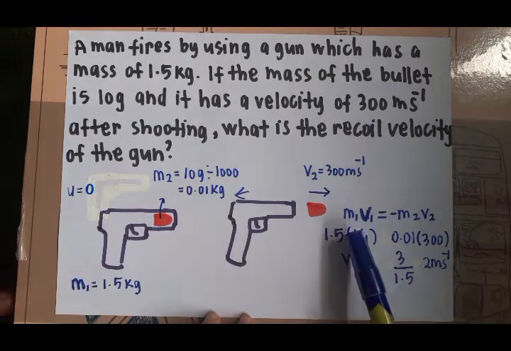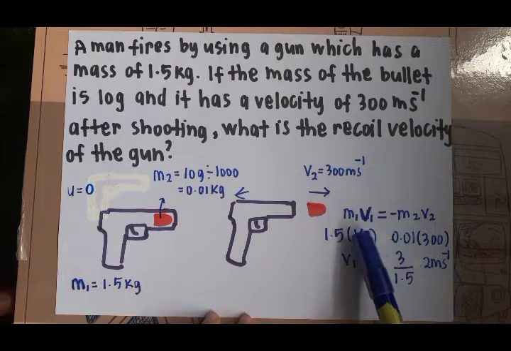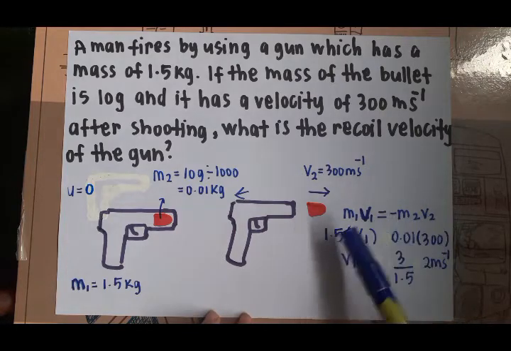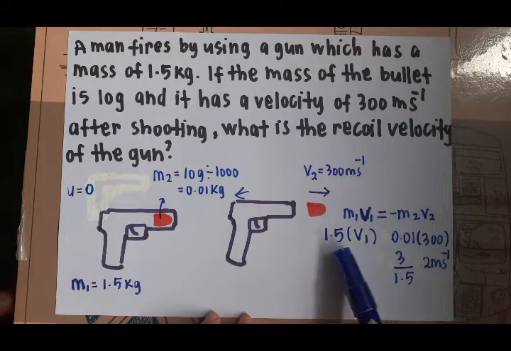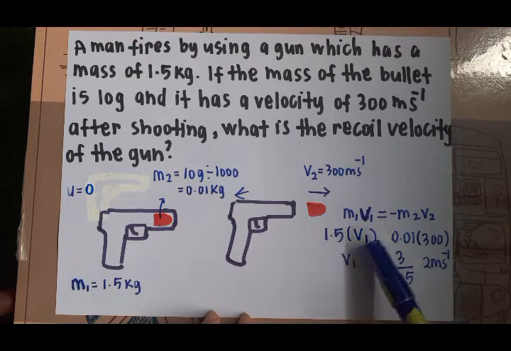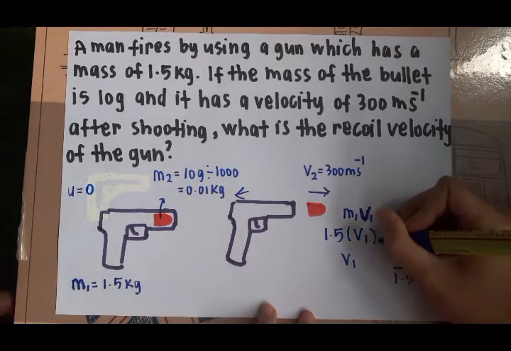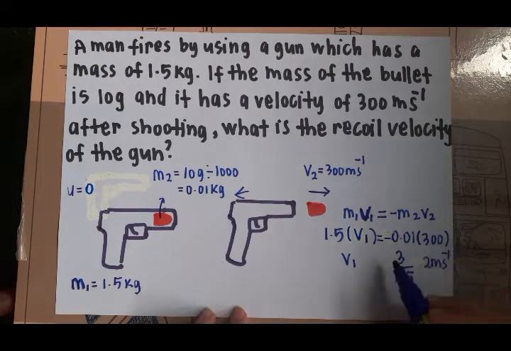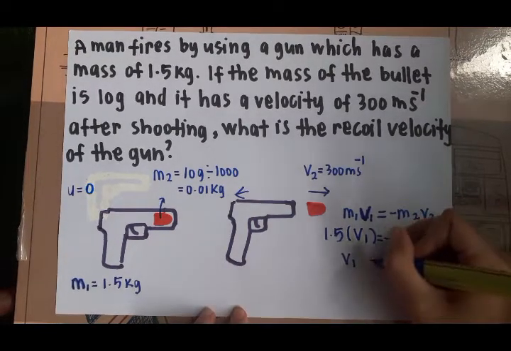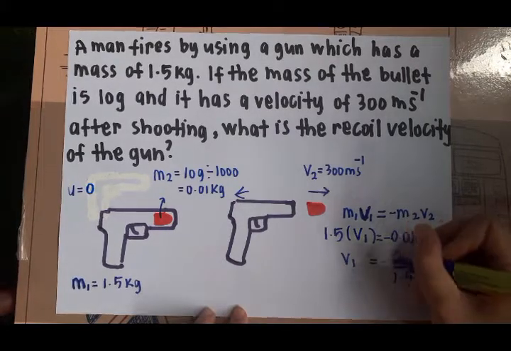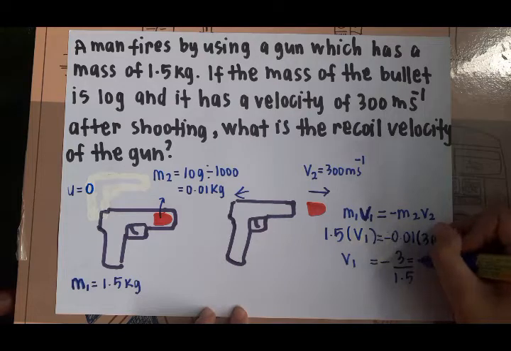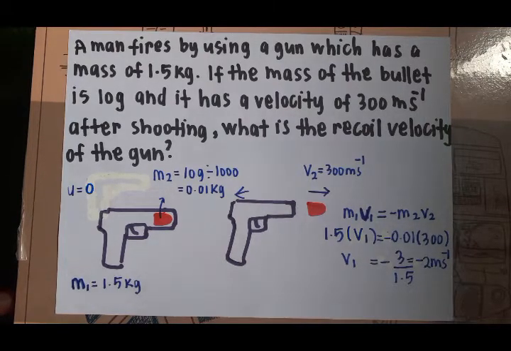Okay, so we use the formula of explosion: M1V1 is equal to negative M2V2. So M1 is 1.5 times V1 equal to negative 0.01 times 300. Okay, so V1 is equal to negative 3 divided by 1.5, and then we have negative 2 meters per second as the final answer.